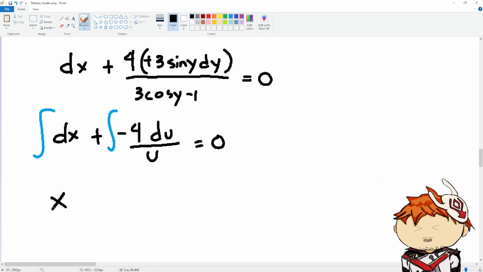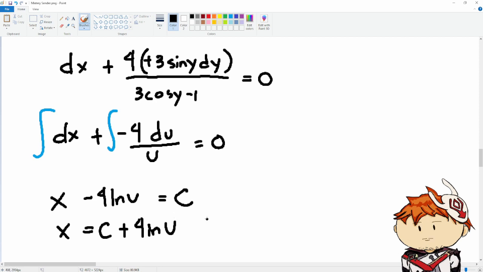Integrate. x minus 4 ln u is equal to c. We're simply simplifying now. So I'm just going to put it at the opposite side. x is equal to c plus 4 ln u.